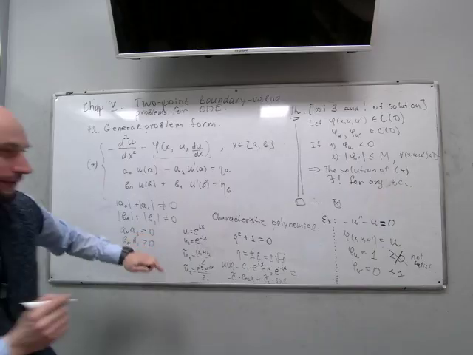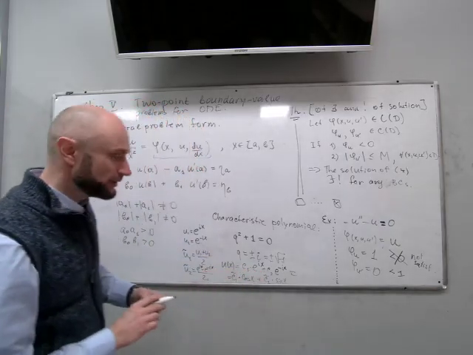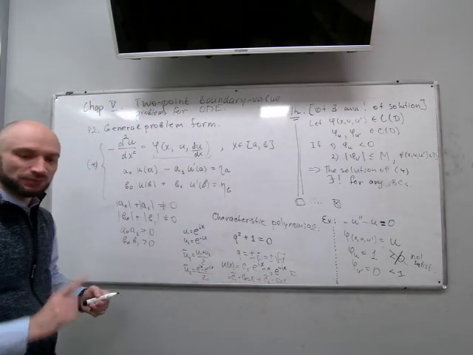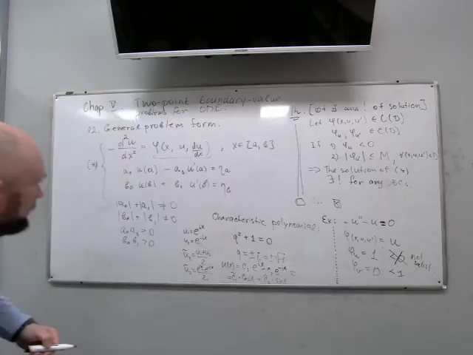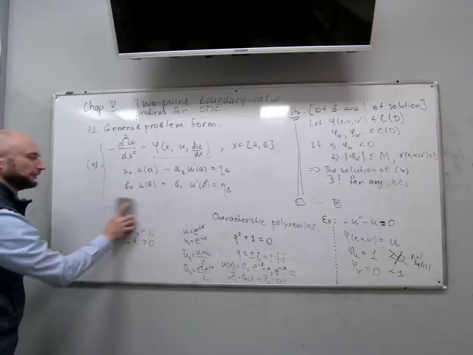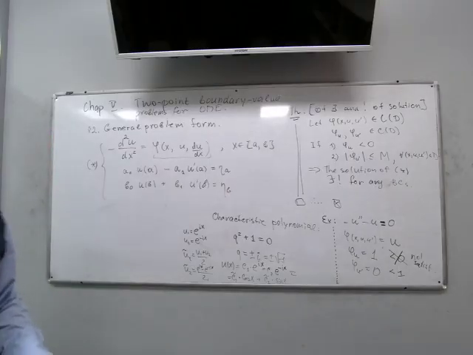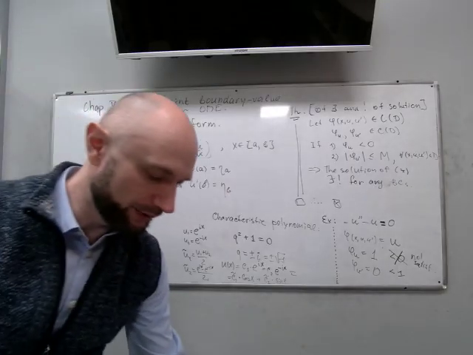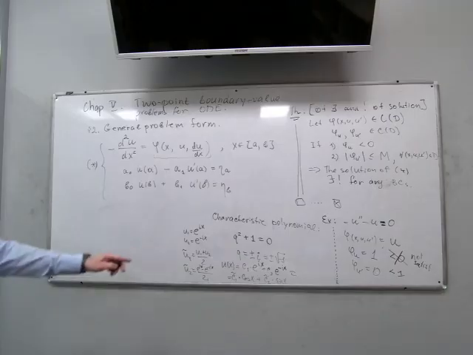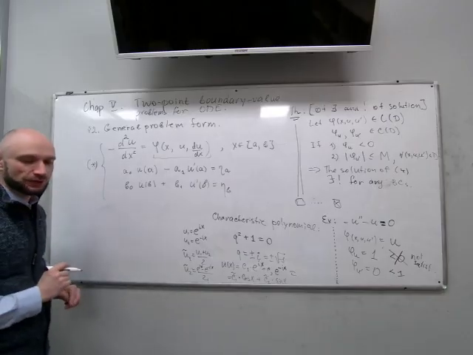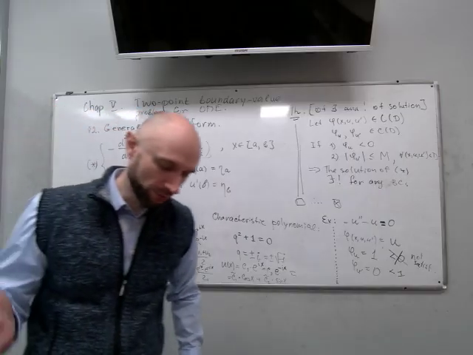Where are our boundary conditions? I did not say yet what the boundary conditions are, because I wanted to demonstrate that for some choice of boundary conditions it is possible to find the exact solution, and for some other choice it's not possible.